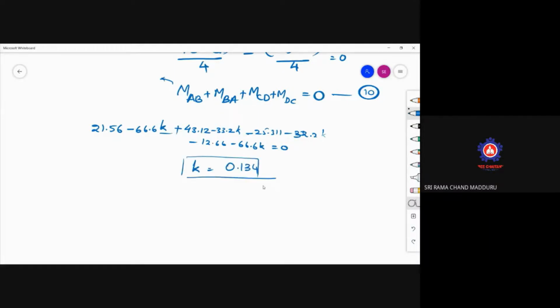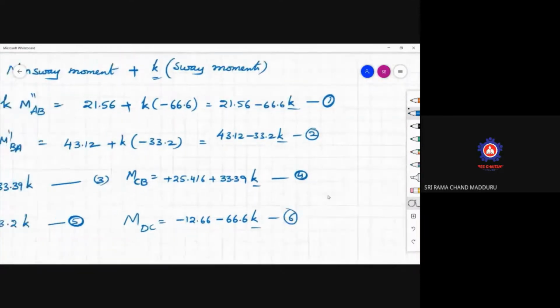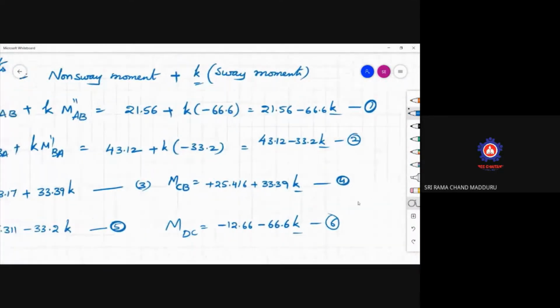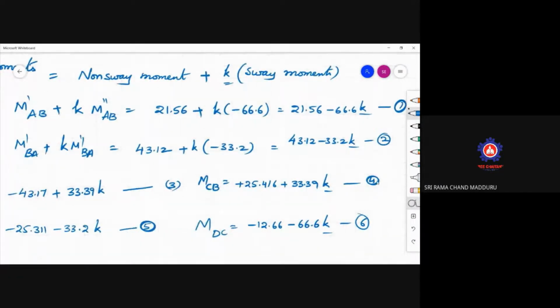This 0.134 is to be substituted in all the 6 equations to get the total end moments, the final end moments. Now substitute 0.134, that is the factor K. So in all the equations, MAB is nothing but 21.56 minus 66.6 into 0.134.